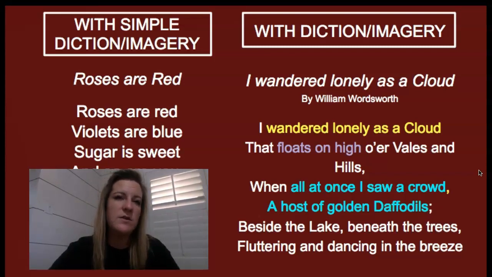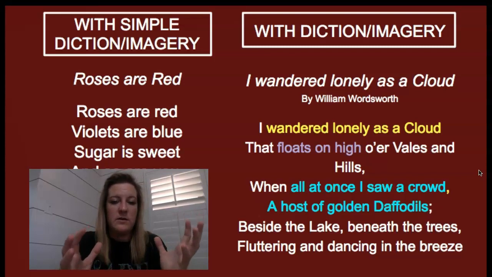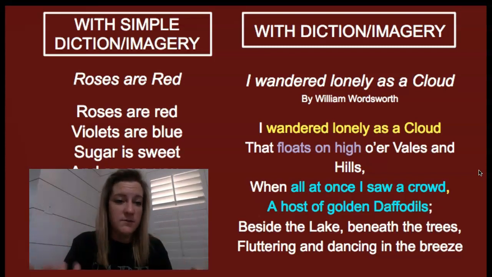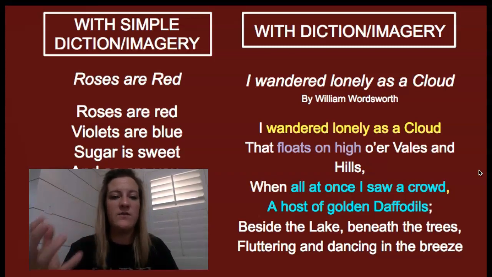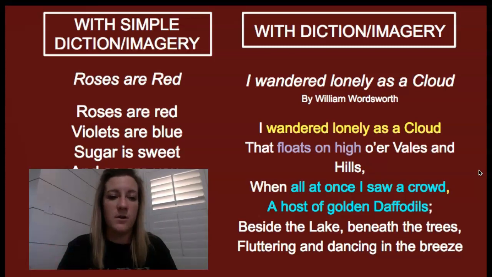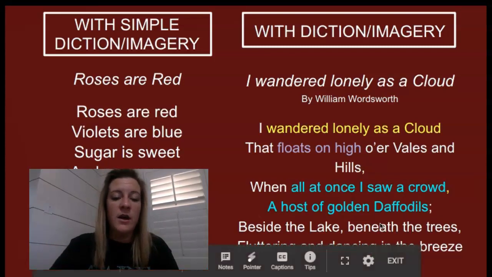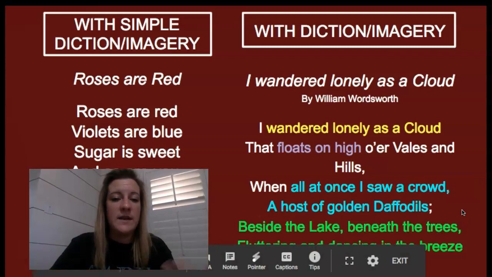Even if you don't know what daffodils are, you can picture this big group of something, like golden somethings. Even if you don't know all the words the author chose, you can still envision it. Daffodils are a type of flower, and that creates that picture.